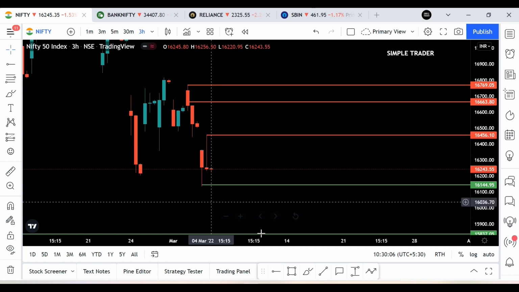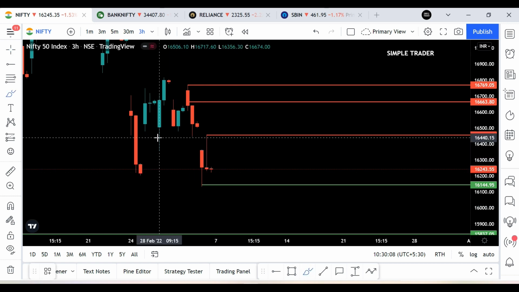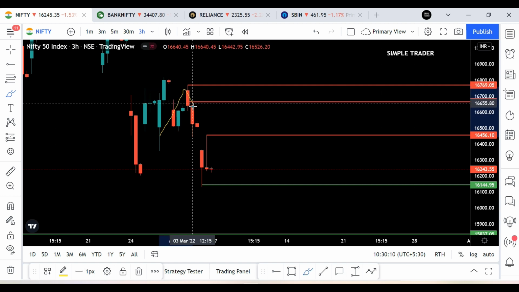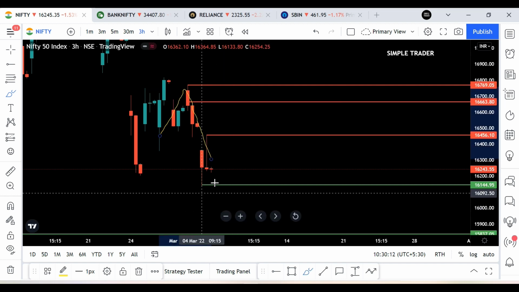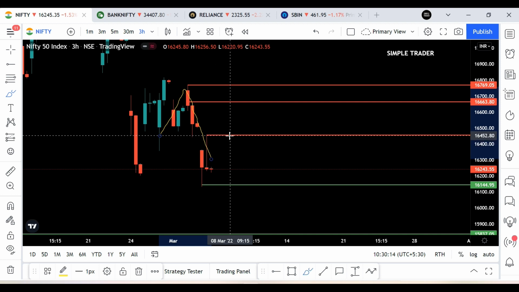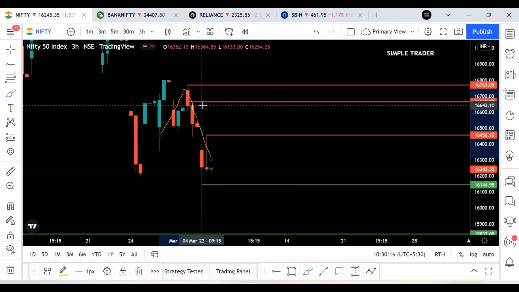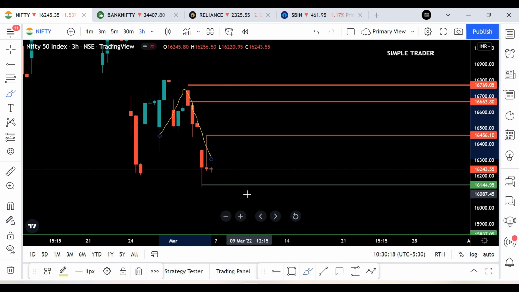So where can you say there is a visible turning point? You can say this is the only zone that is a visible turning point. Not this one, not this zone, not this zone, right? So now which one is high probable?